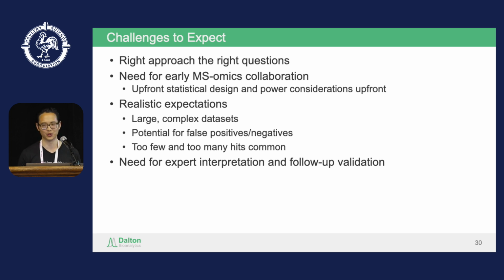You might encounter these two common situations where you have a flood of significant hits and you don't know where to go with it, or you might actually have a few significant hits. So in all cases, basically, it's just the starting point, and you need to follow up with targeted validation experiments, preferably with orthogonal methods, right?